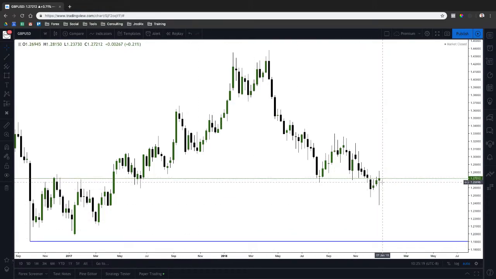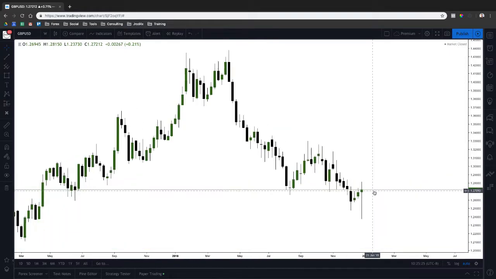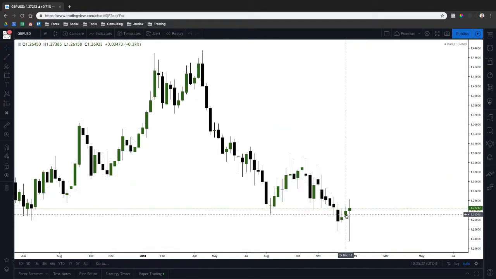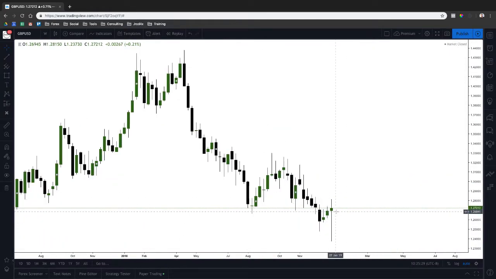If you look at last week's weekly candle and the previous two weeks, with it being the holidays, we really have not had any big body candles. Last week we did have that sell-off, but ultimately the body of the candle was very, very small. So there's not much liquidity being poured into these markets right now.